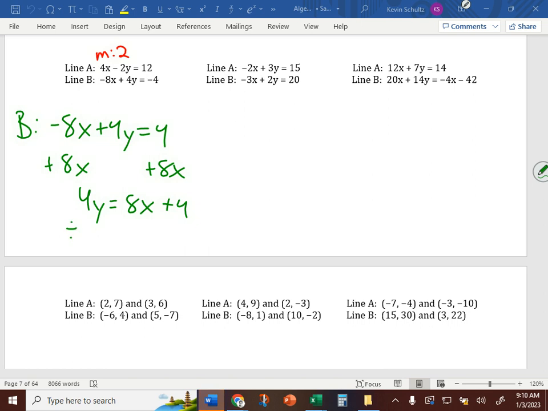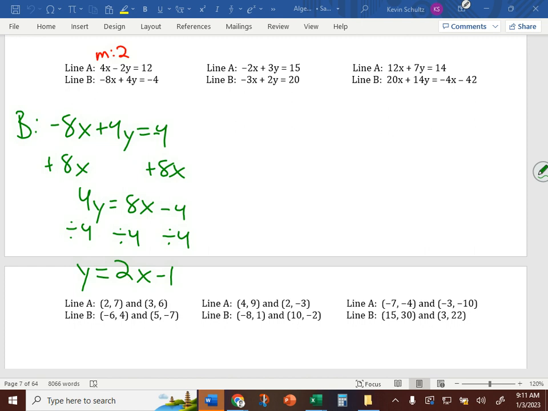Oh, it's a negative 4, by the way. Oh, negative 4. Thank you. Good thing our y-intercept doesn't make a difference. But yes, divide everything by 4 then. Get y by itself. And 8x divided by 4 is 2x.